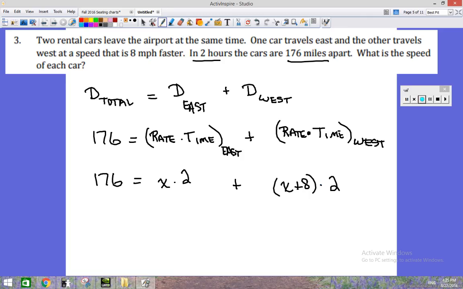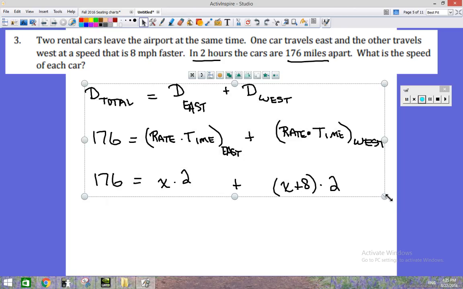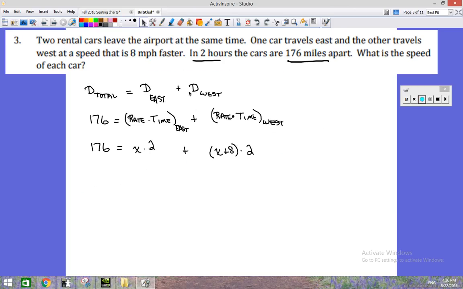So once you get to that equation, you're home free. The rest of the problem typically is not that difficult. Not always, but most of the time.